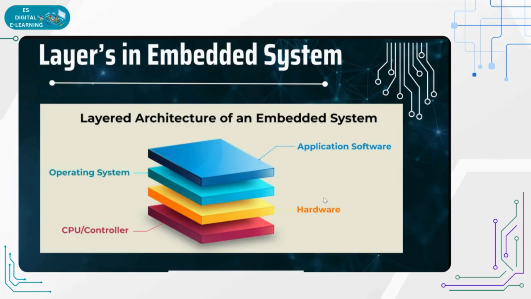Similarly, in the controller also we have the hardware, and to establish the communication with the hardware, the OS will be there. On top of the OS, we are flashing the application software. So those are the layers in the embedded system.